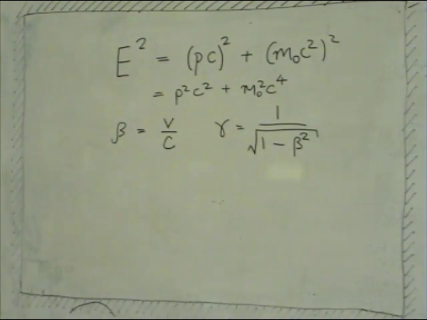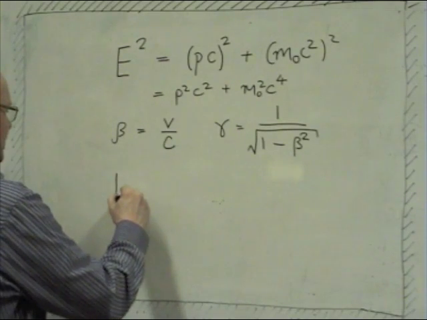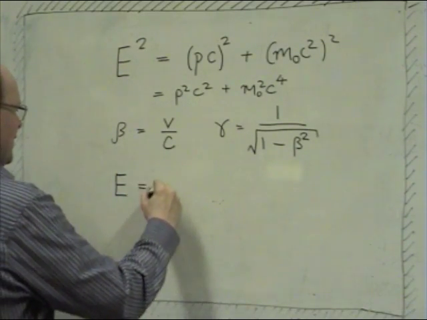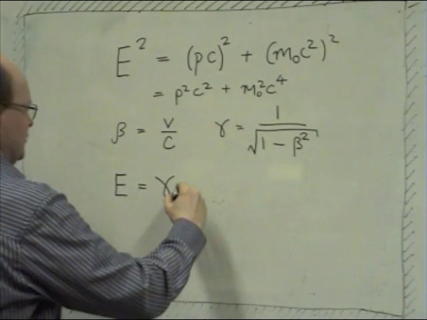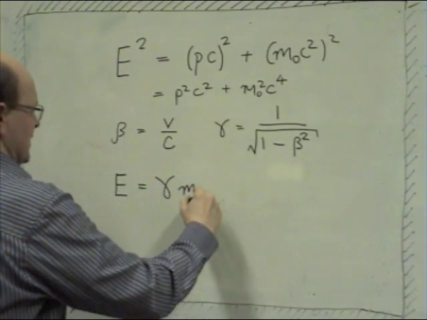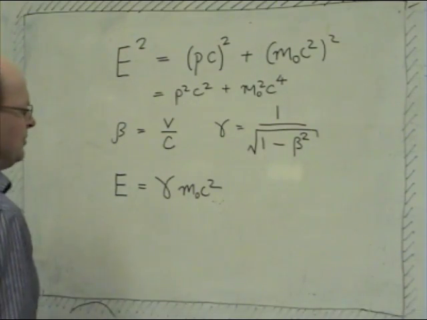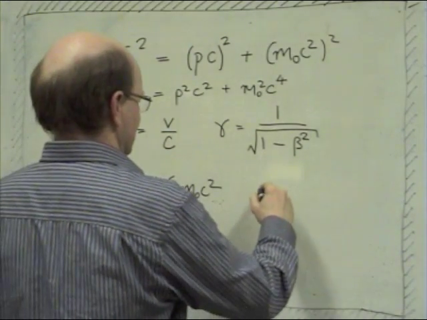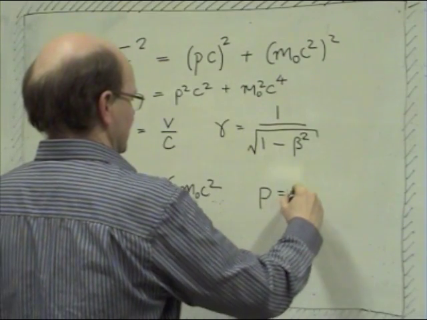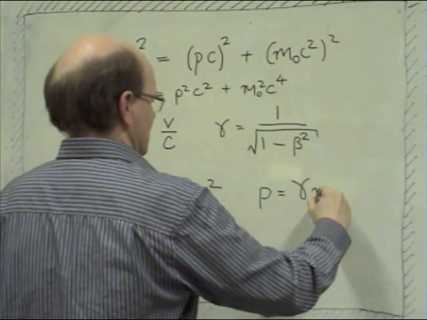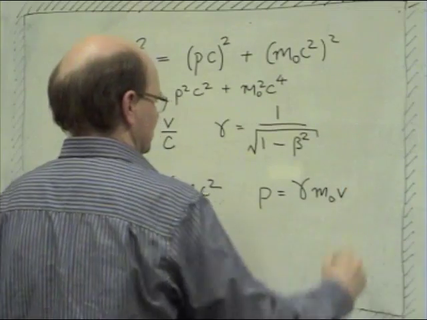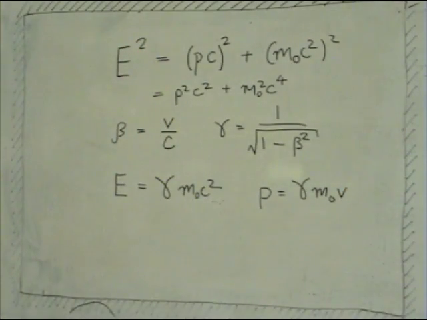In terms of these quantities, the total energy E can also be written as gamma times m naught c squared. Okay? And the momentum magnitude P can be written as gamma m naught times the particle velocity v.